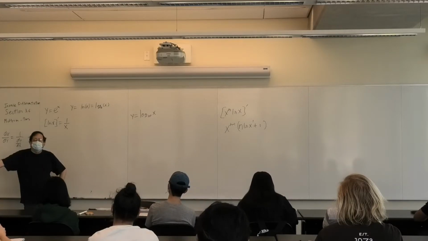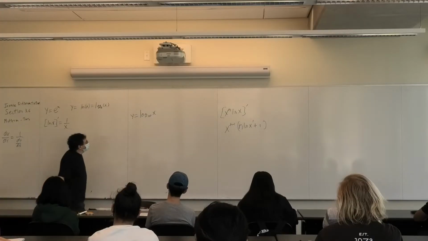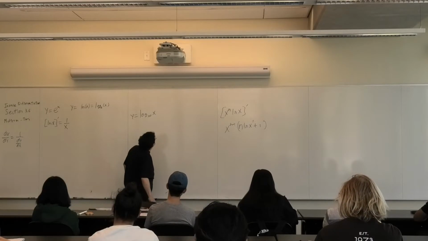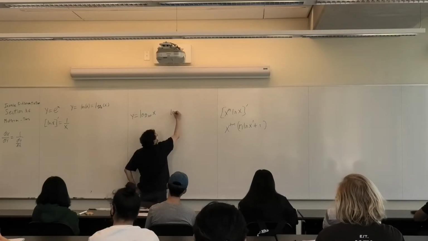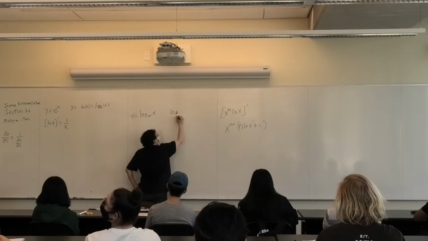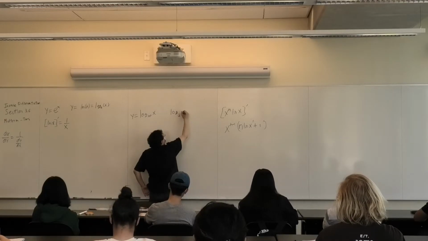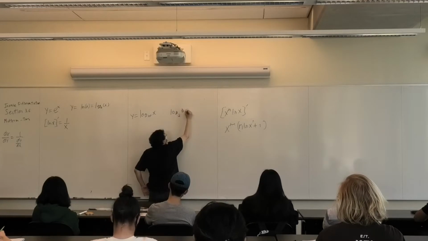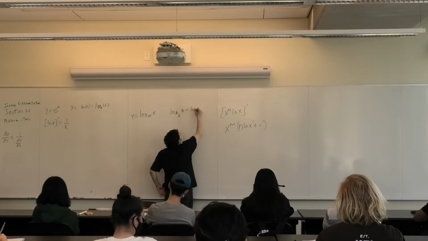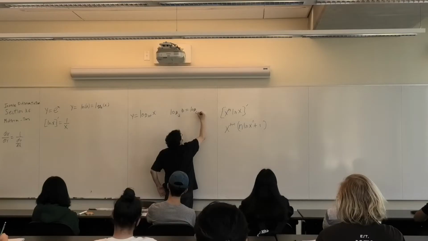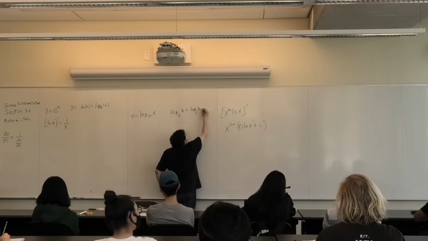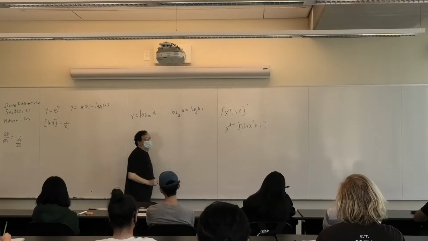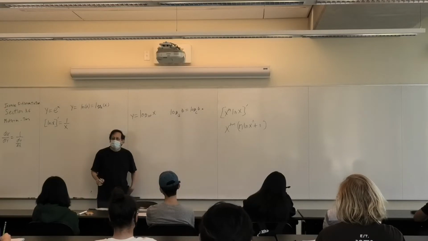Well, we learned about logs in pre-calc, right? There was a formula, right? Log to the base A of d equals log to the base C of d times some constant.